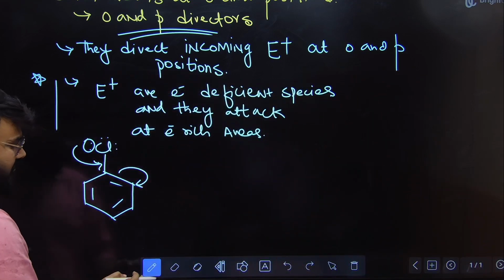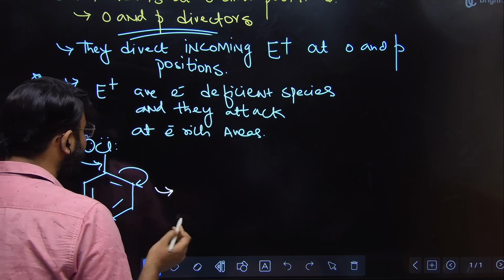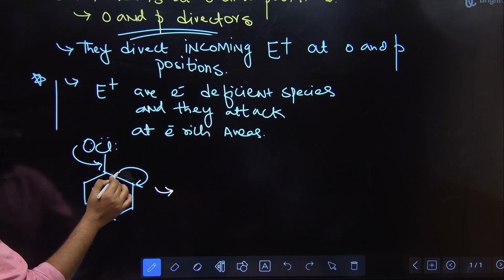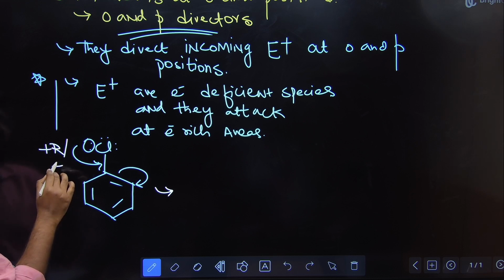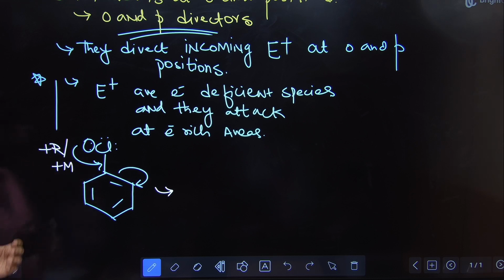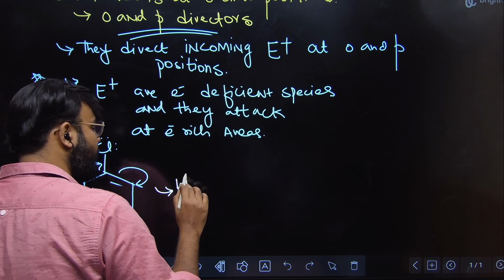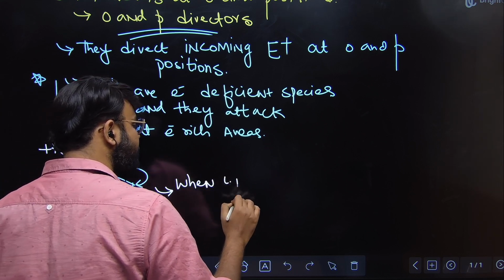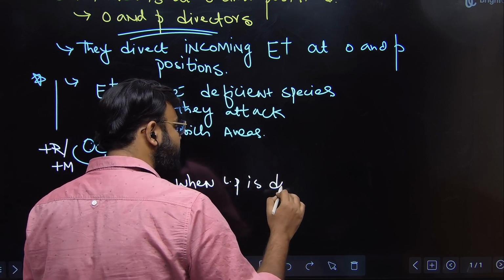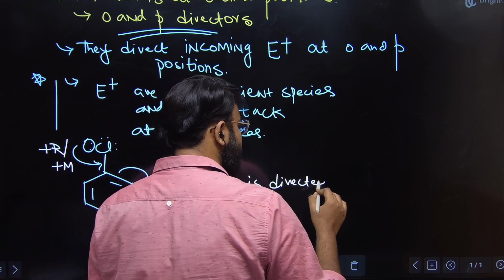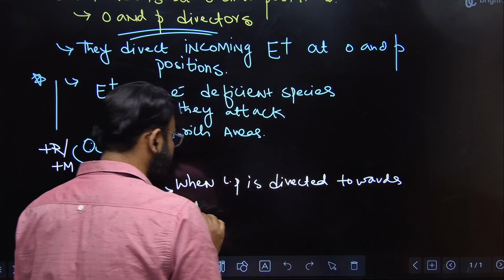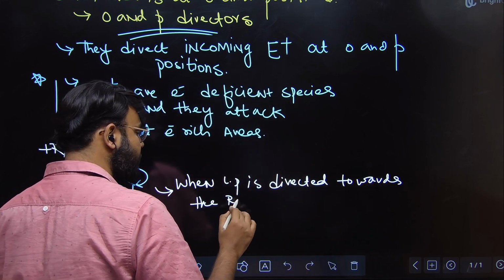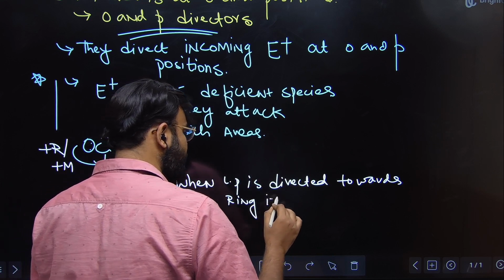So when the lone pair is directed inside, towards the ring, it shows plus R effect. Which effect? Plus R or plus M, resonance or mesomeric, right? Got it now?